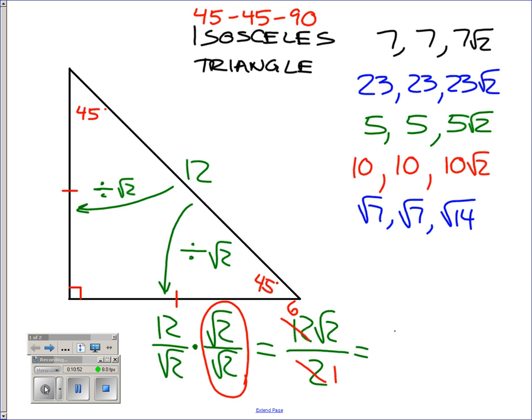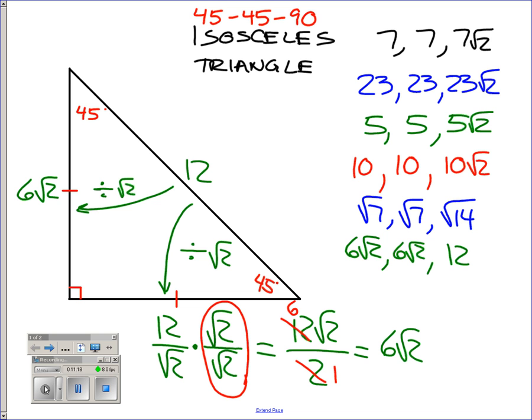So this is equal to 6 root 2. If this leg is 6 root 2, so is this one. And so I'm going to write these 6 root 2, 6 root 2, 12. And again, once you know what the lengths of the legs are, you just multiply by the square root of 2 and you'll have that hypotenuse, and that works.